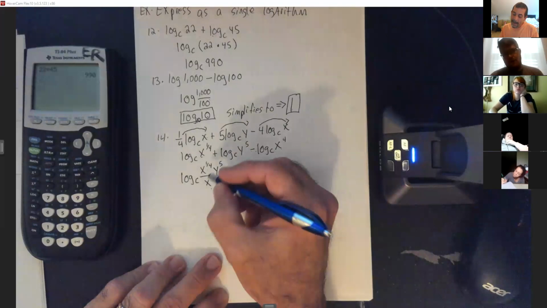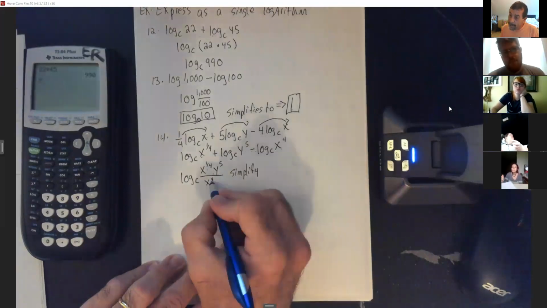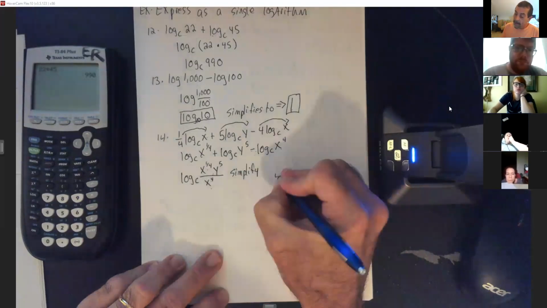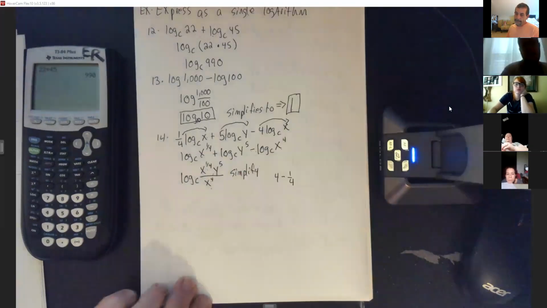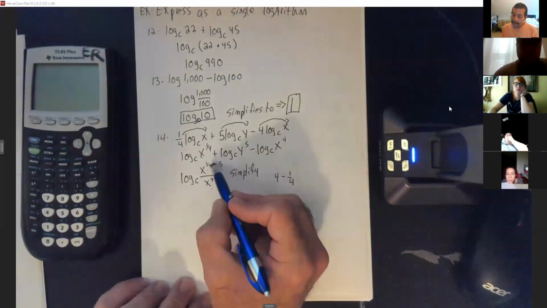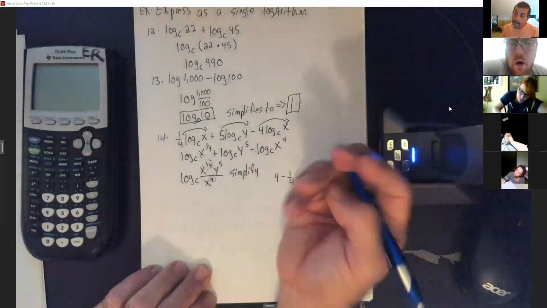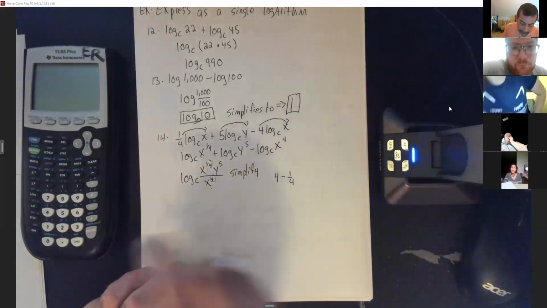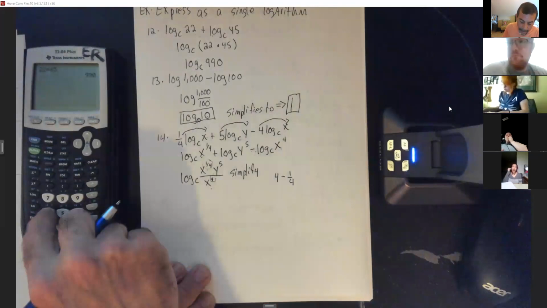So I'm going to subtract the exponents, but since the 4 is bigger in the bottom, I'm going to take that 4 and subtract the exponent on top, which is a 1/4. You always subtract the smaller exponent from the larger, and then that answer will stay where the larger exponent was. So let's see what is a 4 minus 1/4.